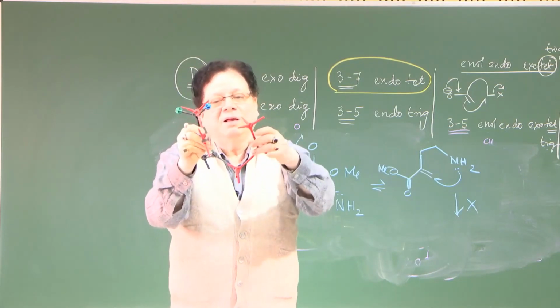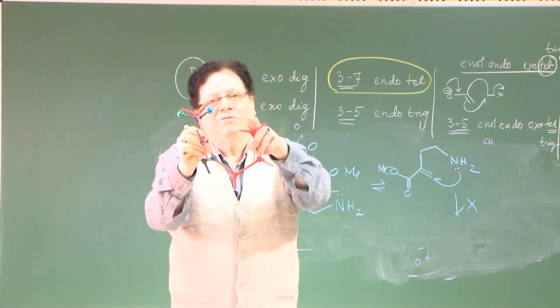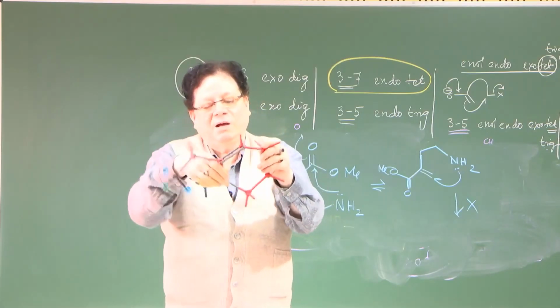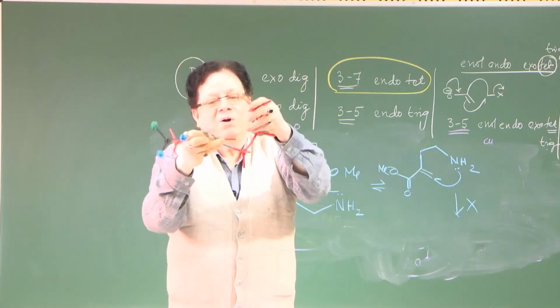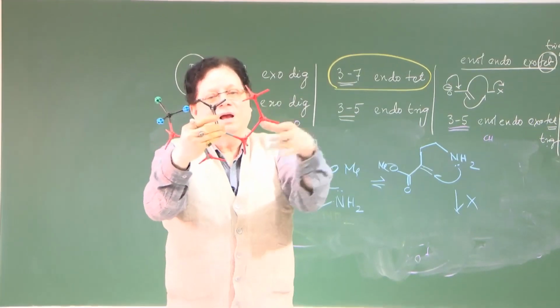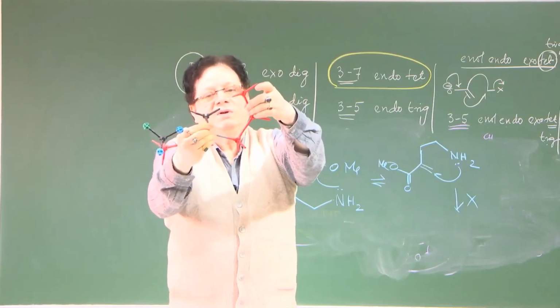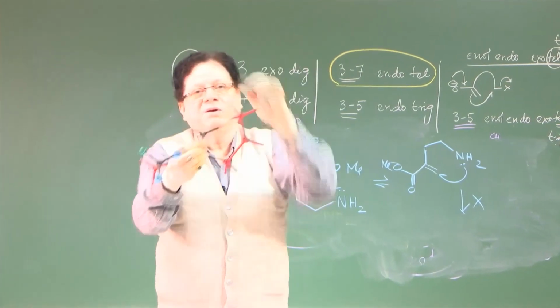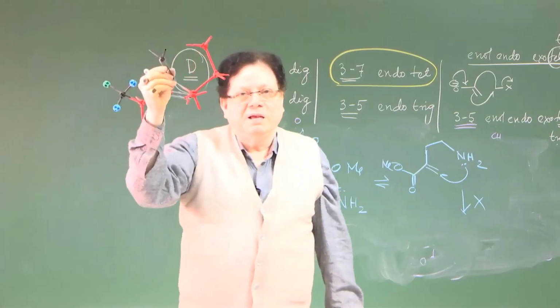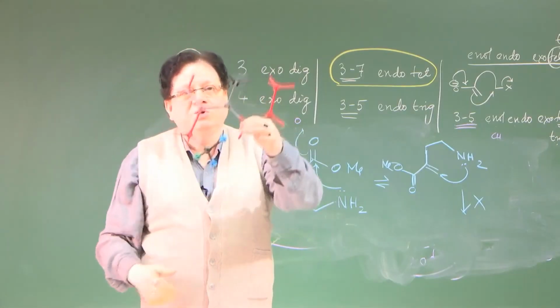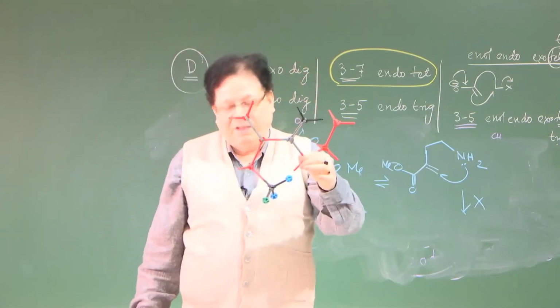The carbonyl nitrogen can reach very easily. On the other hand, the double bond, it is not possible because it is endocyclic. It is difficult for the nitrogen to adopt this 109 degrees. So, that is the basis, and I wanted to show you through a model like this.